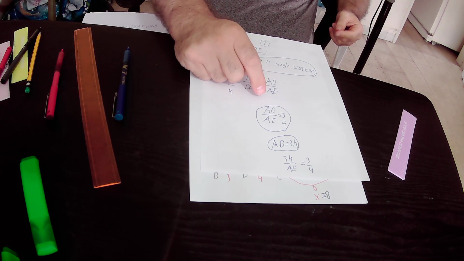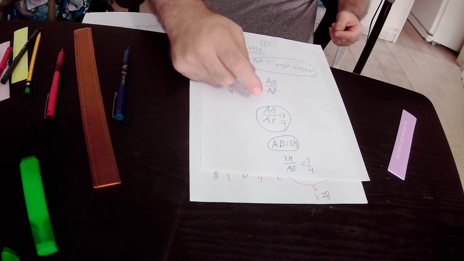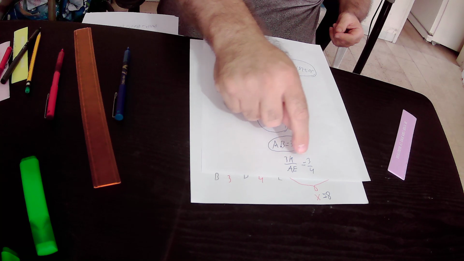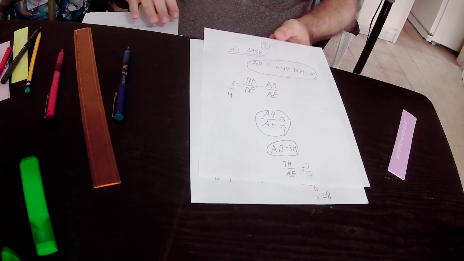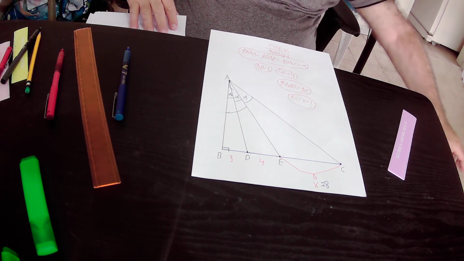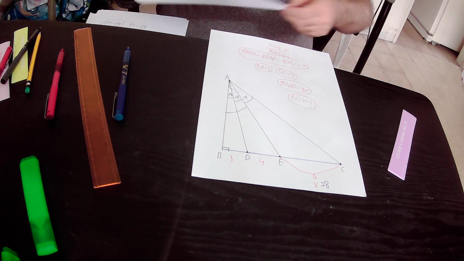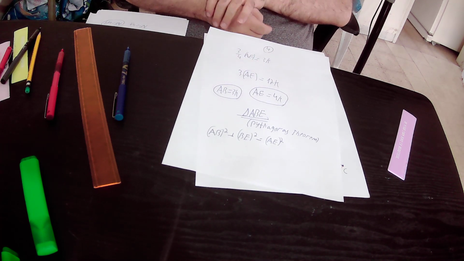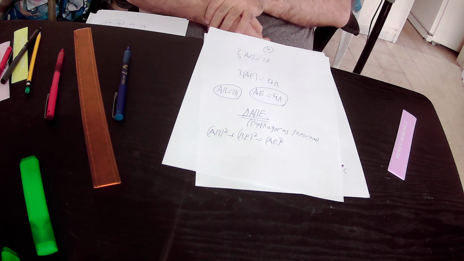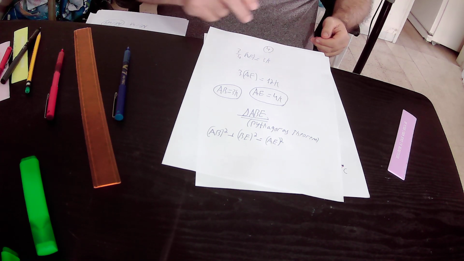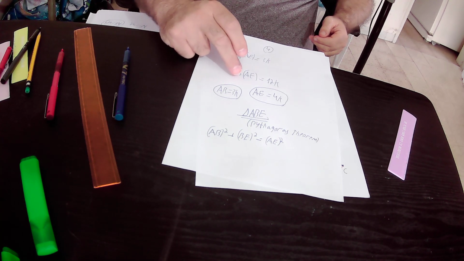We place the value of AB, that is 3K, inside this equality, and we got that 3K over AE equals 3 over 4. From this equality we found that AE is 4K. So if AB equals 3K, then AE equals 4K.